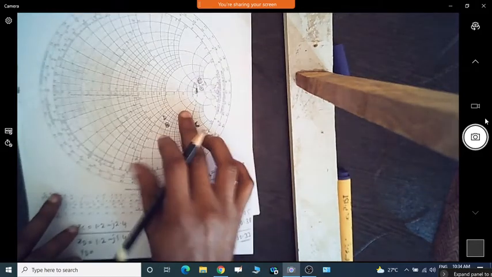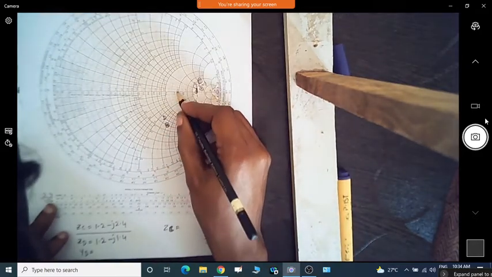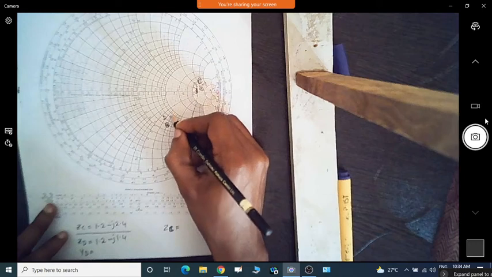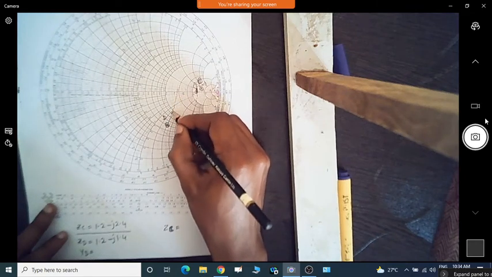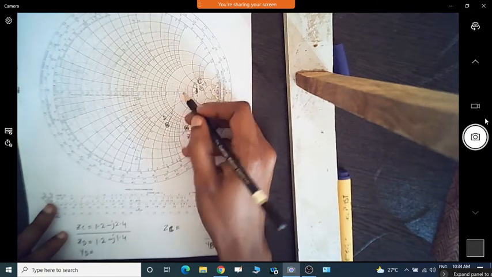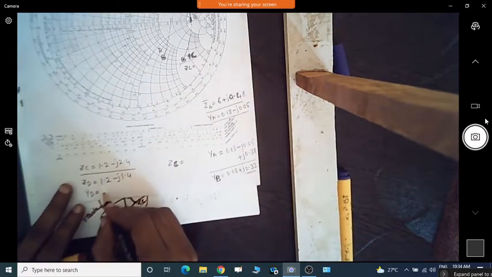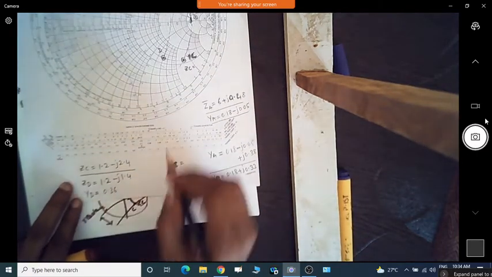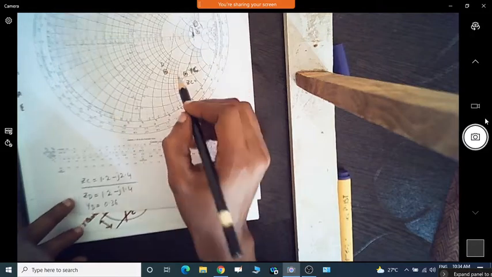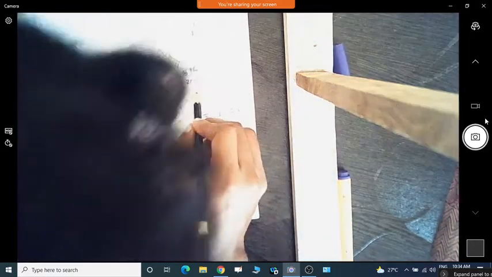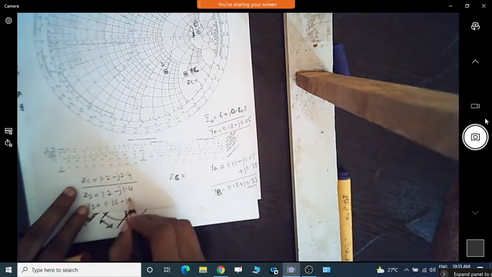The admittance value I am getting here, the conductance value, is around 0.36, and then plus j0.4.